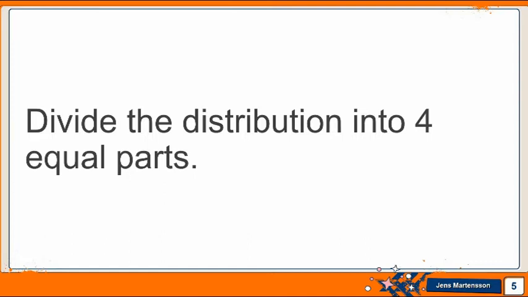So, we have what we call the first quartile, the second quartile, the third quartile, and the fourth quartile. If you belong in the first quartile, it simply means that you are above the 25% of the total number of observations.